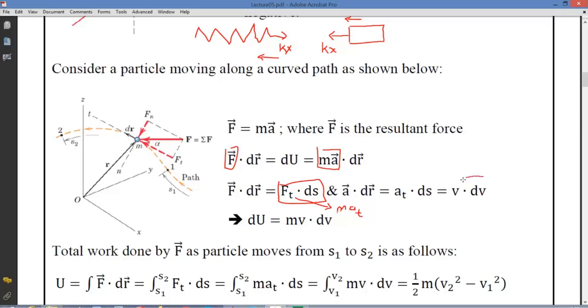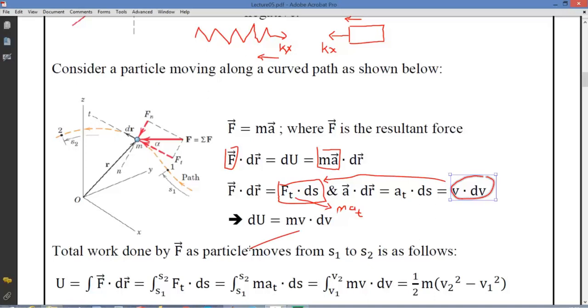So we just use this right hand side of the equation in this part, and then relate the work done on a particle to m times v times dv.